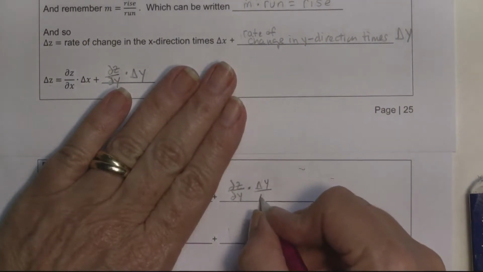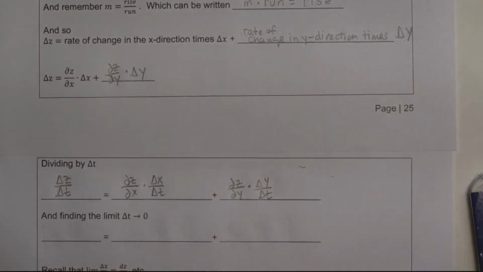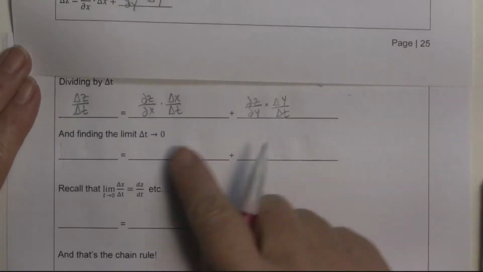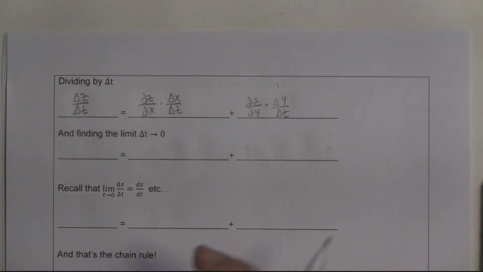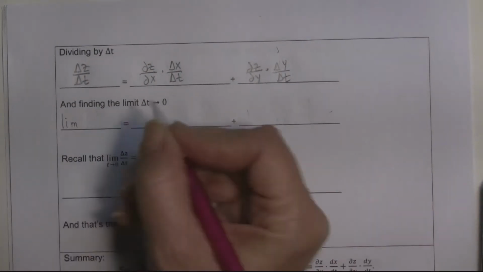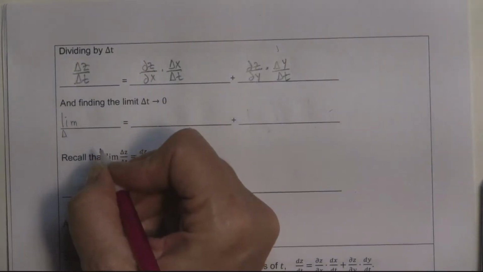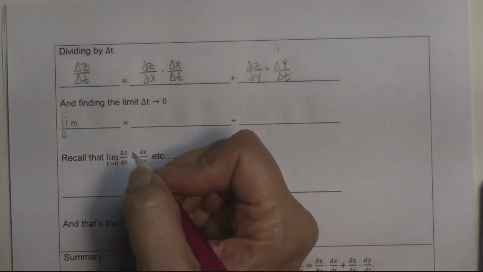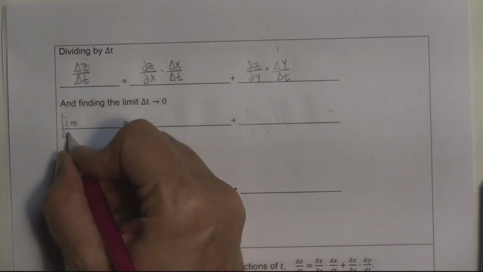Don't forget I'm dividing by delta t there as well. Okay. And then if you find the limit as delta t goes to 0, so that's the next thing that we're going to look at. The limit as delta t goes to 0.